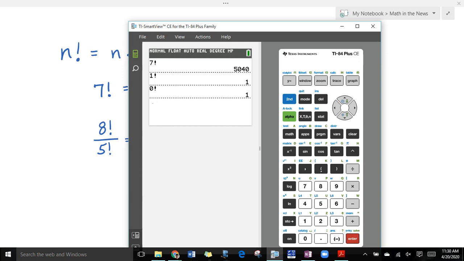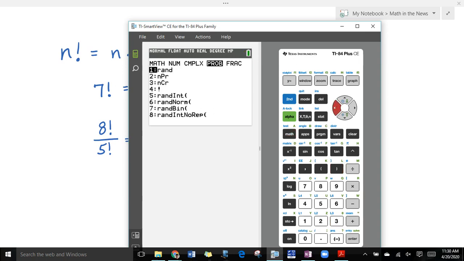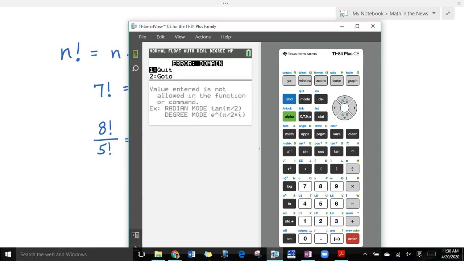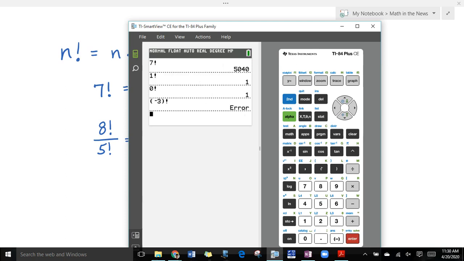Think about negative numbers. What would happen if I took a negative number and did a factorial with it? That is an error, and that should make sense because we can't take a negative number and work down to get the number 1. Okay, I'm going to quit that. What about a fraction? What if I took a half?